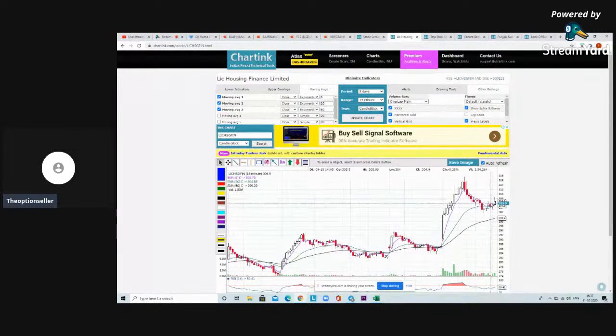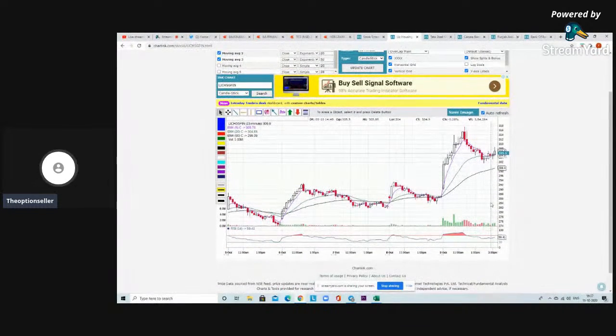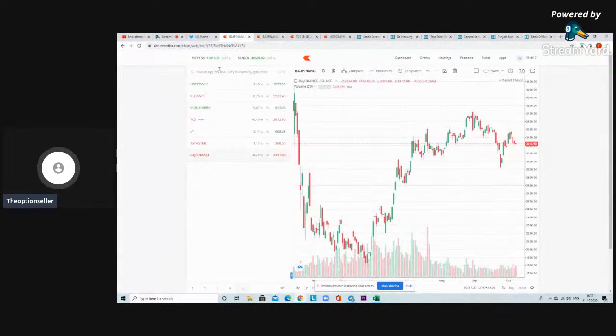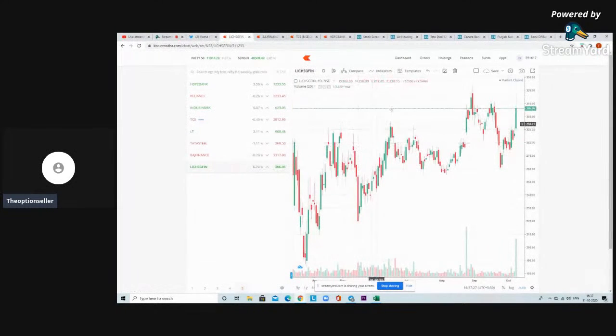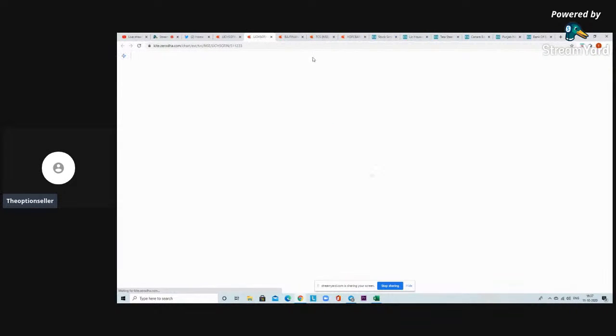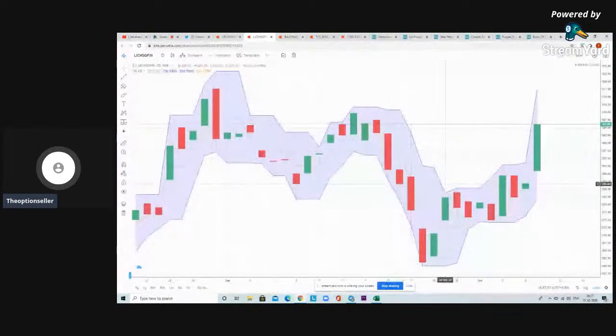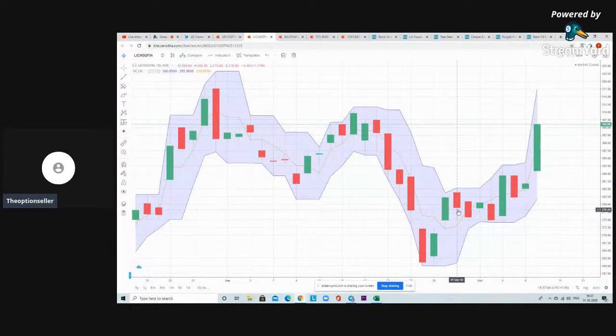market closed. What you can do is simply check whether LIC Housing Finance on the daily chart is in bullish mode or bearish mode. If you just open this and apply the Donchian channel, we can clearly see that since 29 September, LIC has been bullish.